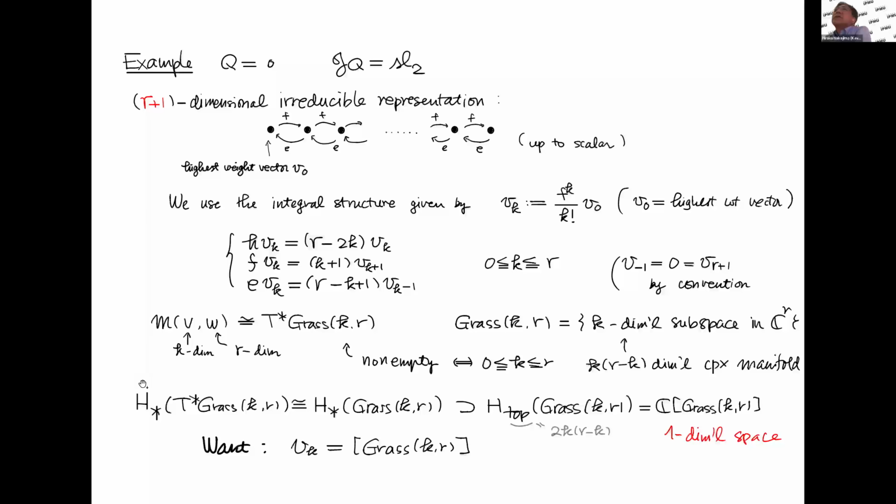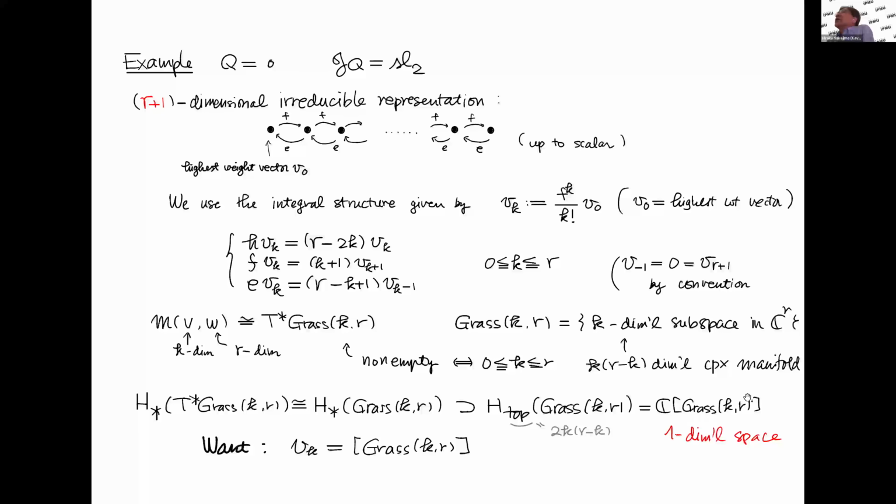And so if you consider the cohomology of the cotangent bundle of the Grassmannian, because this is a vector bundle, by the Thom isomorphism, this is isomorphic to the homology group of the Grassmannian. And I choose the top degree part. So top means that the Grassmannian is a complex manifold whose dimension is equal to K times R minus K. So in particular, as a real manifold, this is a 2 times K(R minus K) dimensional manifold. And by Poincare duality, if I take this real dimension of the manifold, then the homology group is one-dimensional.